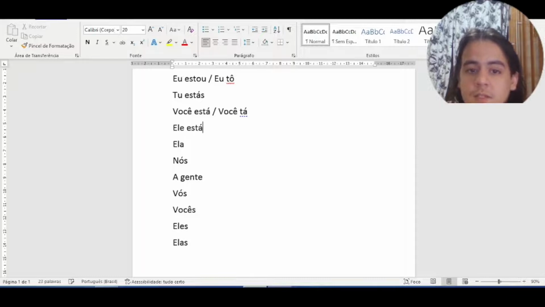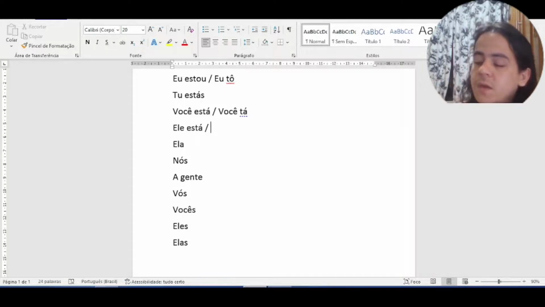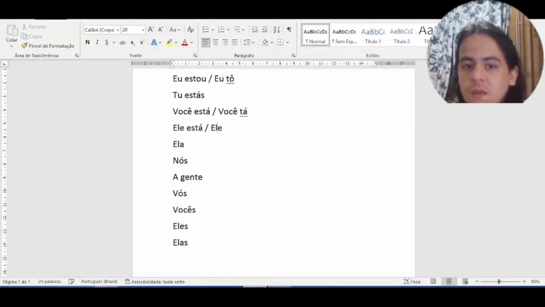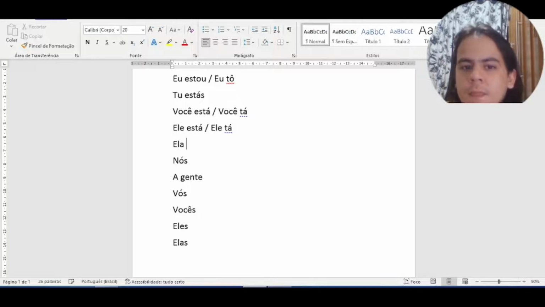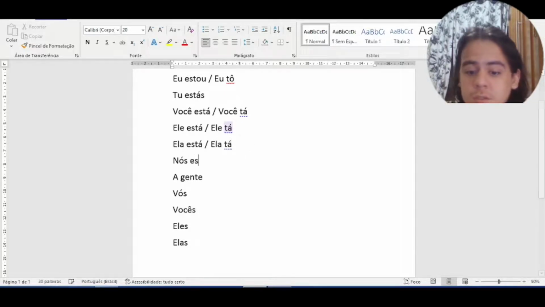Ele está, he is, and when we're speaking it's more common to say ele tá. Ela está. Same thing, it's more common to say ela tá. Nós estamos.